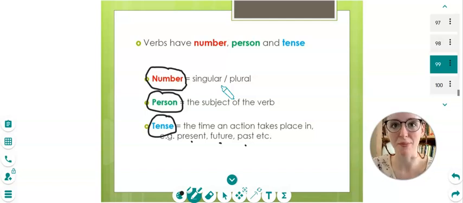That's present tense, so I'm doing it right now. If I wanted to say it is future, I would say, I will run. That's something I'm going to do in the future. I haven't done it yet. Or if I wanted to put it into the past tense, I might say, I ran, or I was running. So that's what we mean when we say tense. It's when in time you're doing that verb.